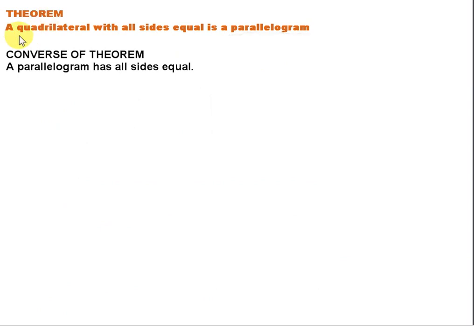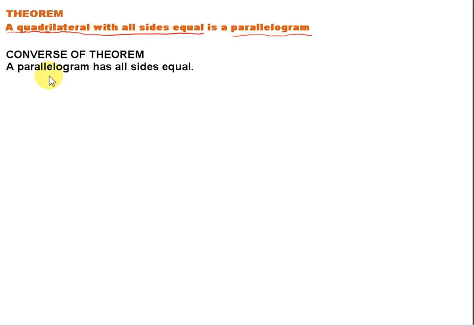Now the premise of the theorem is that we have a quadrilateral with all sides equal. So that's what's given. And from that we concluded that such a quadrilateral is a parallelogram. So here's the premise and here's the conclusion. Now the converse of the theorem starts with the conclusion of the theorem, which is we are given a parallelogram, and we want to deduce the premise of the theorem, which is that the parallelogram is a quadrilateral with all sides equal.